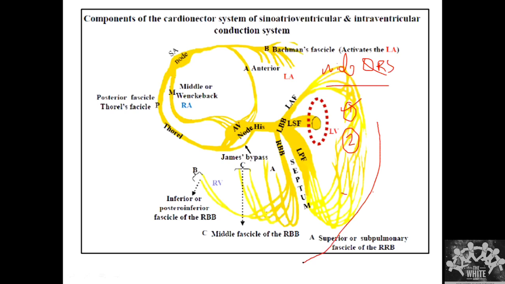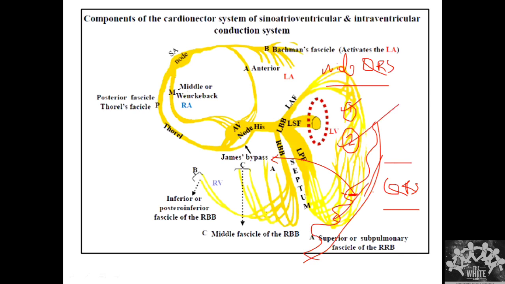So let's say this is the myocardium. So these are the muscles here. If the impulse arises from the muscle here itself, then as the impulse moves in all these directions, it is going to give a wide QRS because it is happening from muscle to muscle. So the QRS again will be wide.